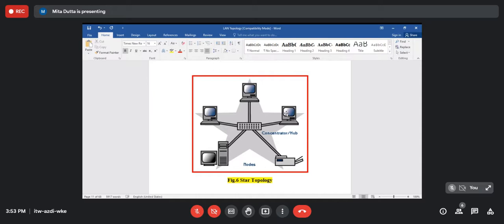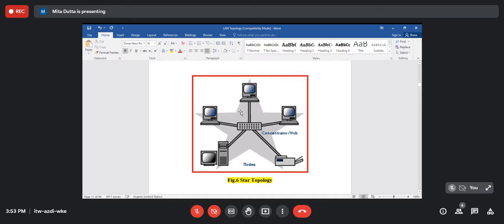The hub has the capability, by seeing the address, to send the data through that line, so that it goes directly to this workstation.